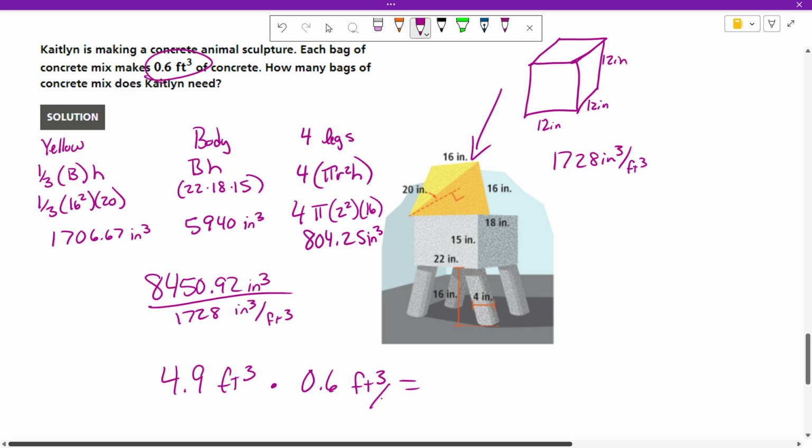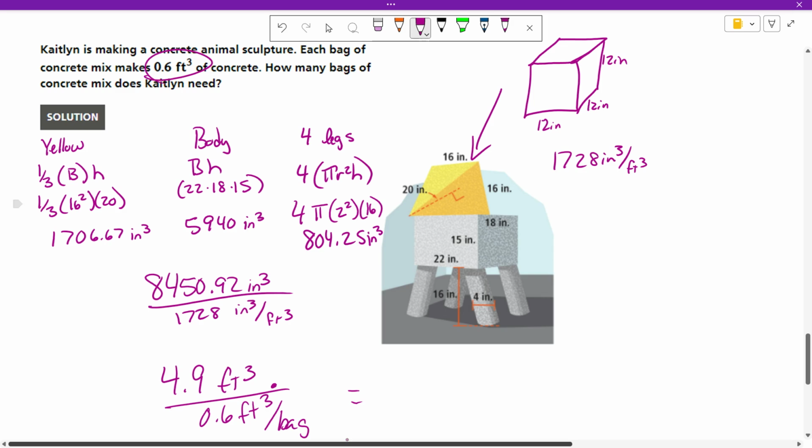Wait. Should we multiply it or should we divide it? Because that doesn't work. Because then we got cubic feet times cubic feet. So if we divide by cubic feet per bag, then we get bags. Okay? So if we divide, what do we get?